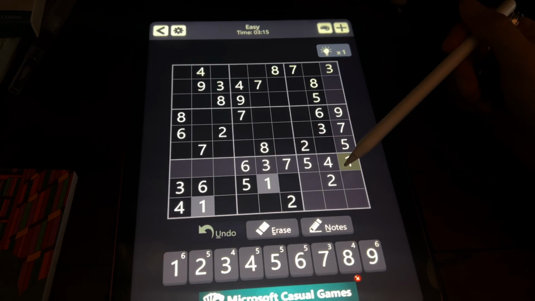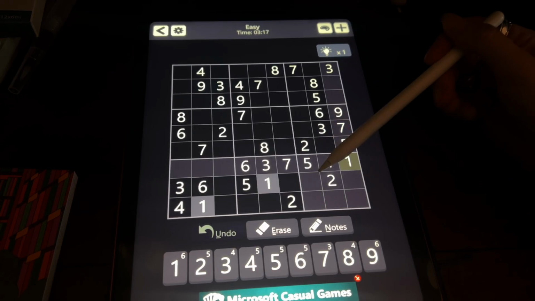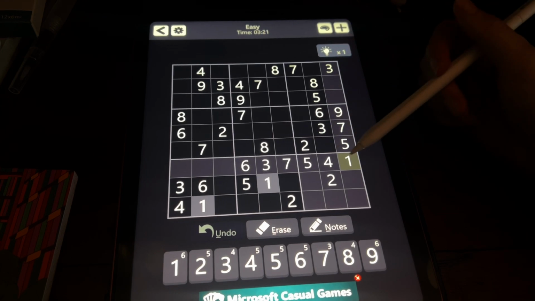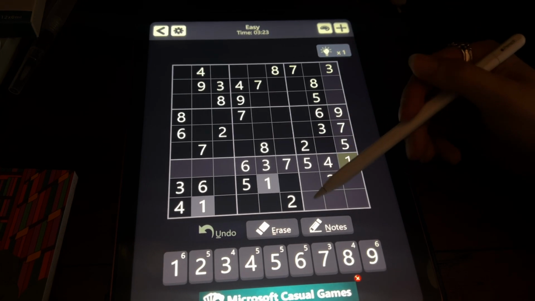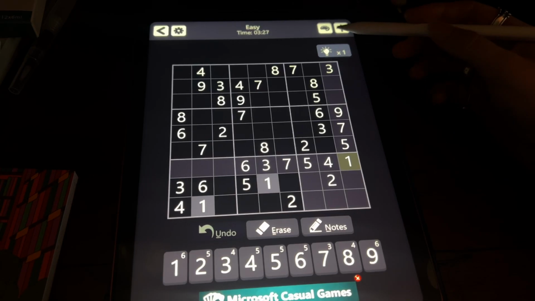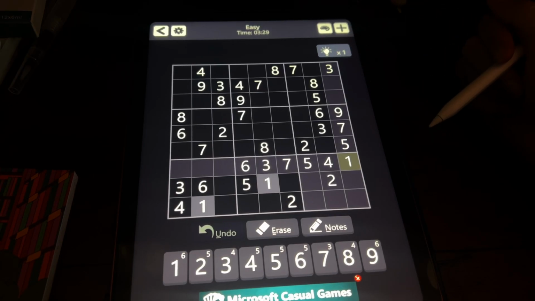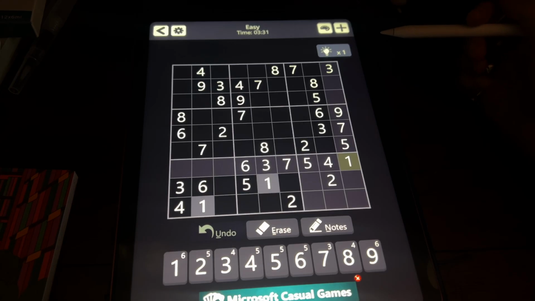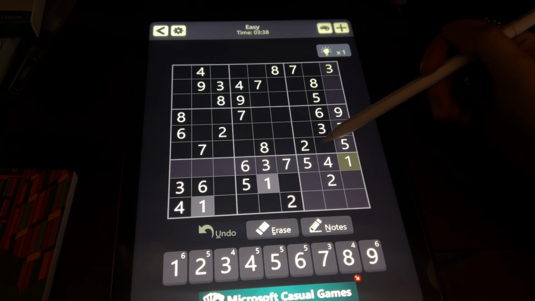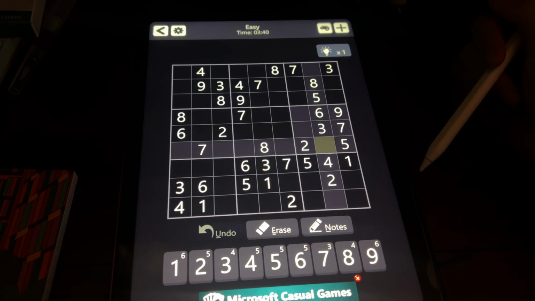It's just the square and the box, and because the only other places in this box we could put a 1 is in these 2, it wouldn't work. So that's the aim of the game, if that makes sense. I probably did a really horrible job of explaining, but as we go through you'll sort of get the understanding of it.